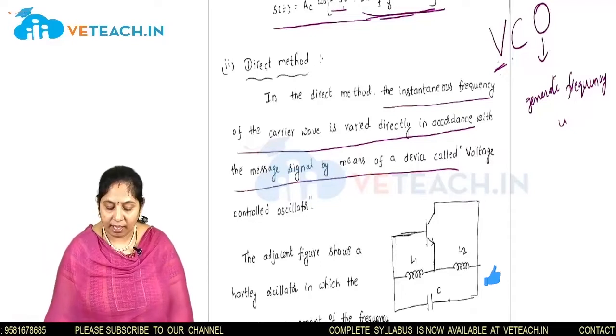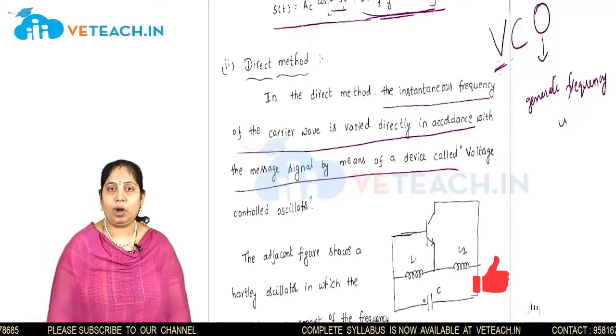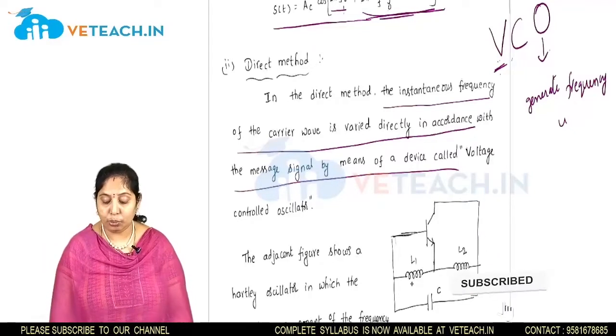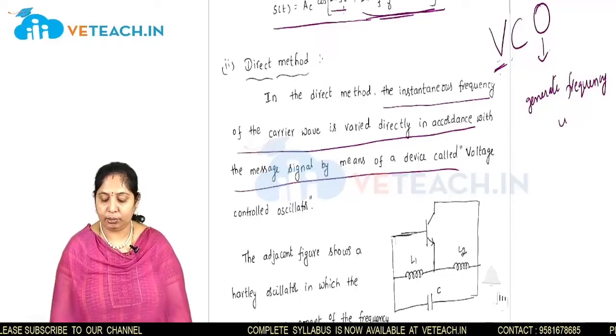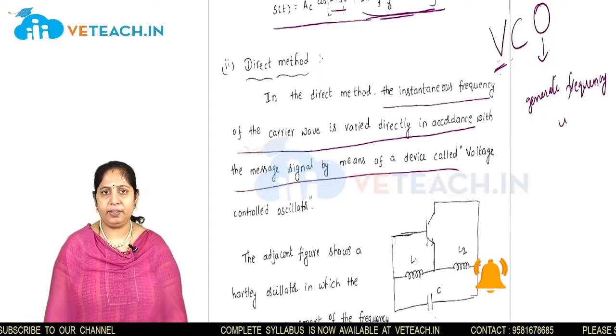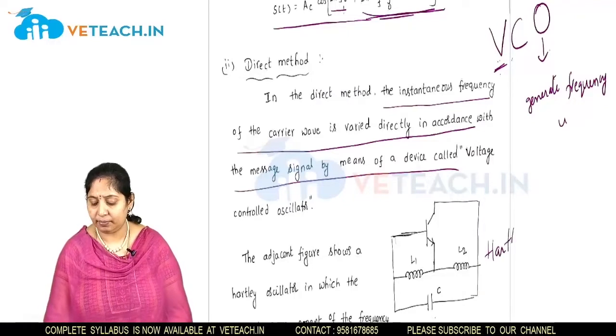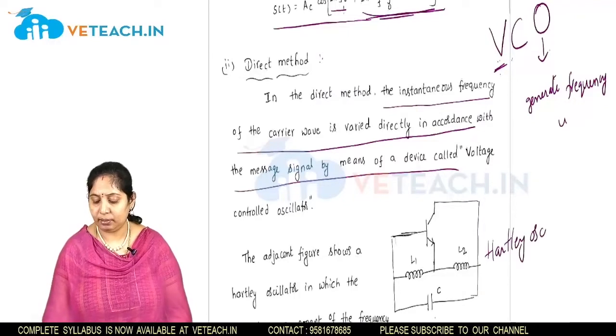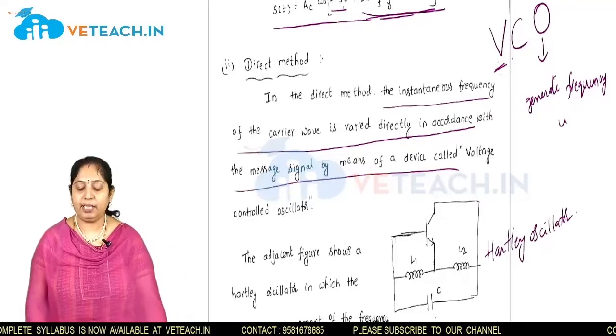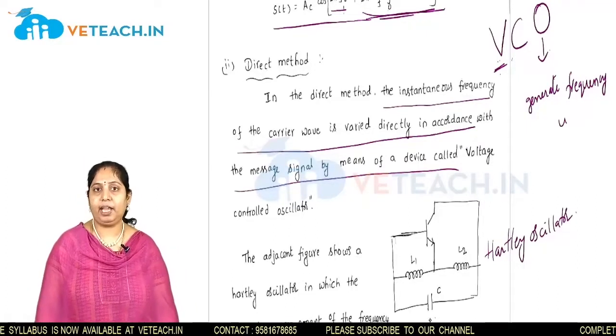So this is the voltage controlled oscillator, which has two inductors and one capacitor. This is nothing but the Hartley oscillator, which has two inductors and one capacitor.